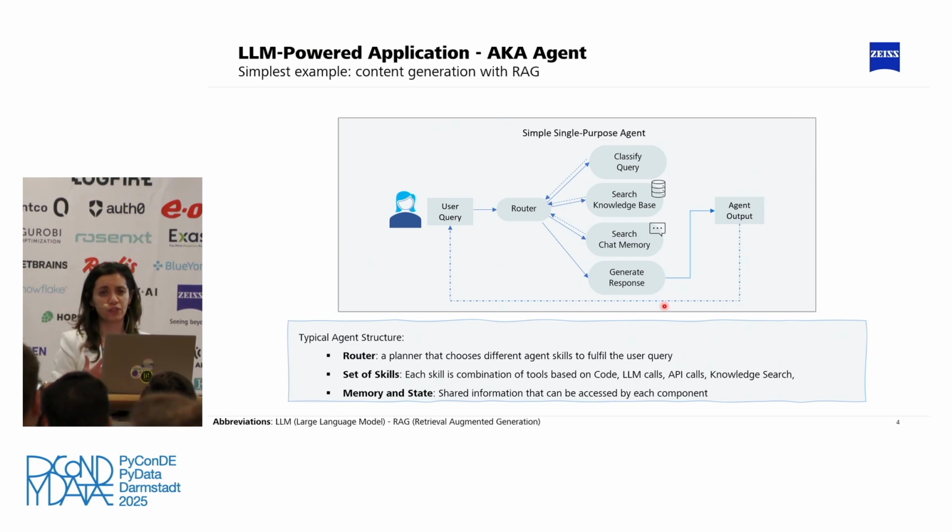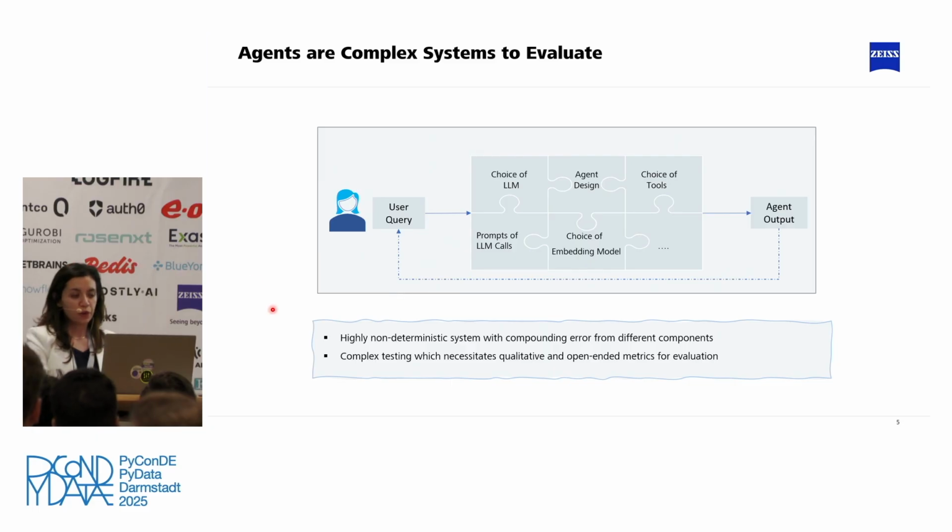So a typical agent structure would be this router, a set of skills, and memory and state, which is basically the shared information for different skill sets of the agent. Now, even in this very simple example, you might notice that these agents are very complex to evaluate. There are simply way too many options and design choices that can be made.